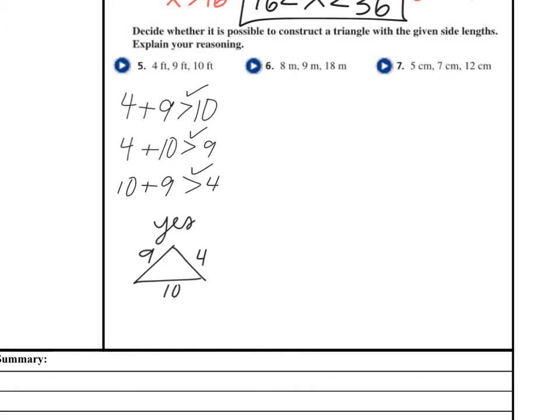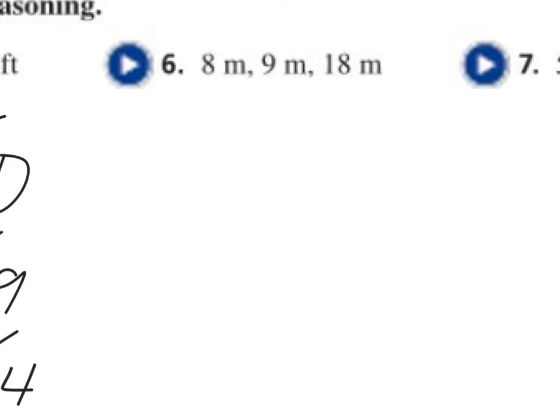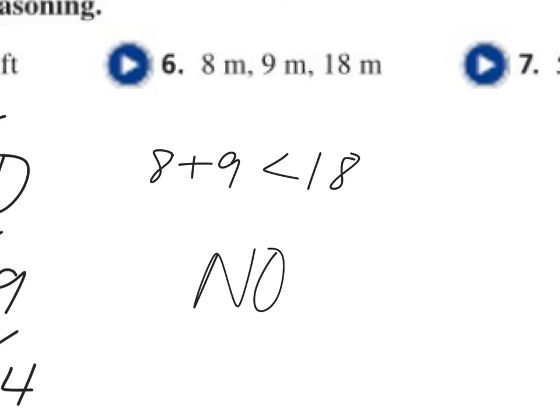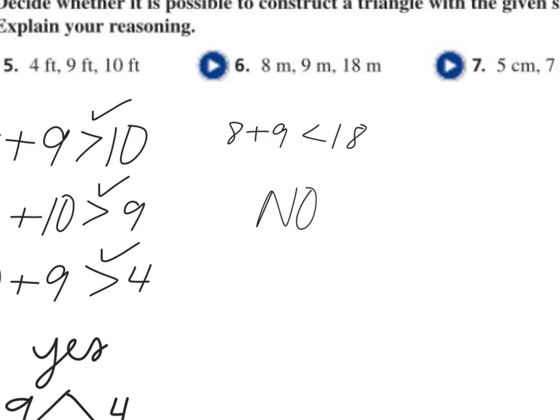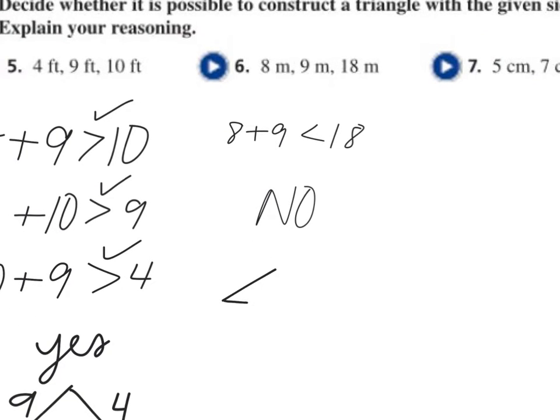Alex, the second to number 6, does that one work? No. Why not? Because this 8 is not 18, it's 17. Right. And it's not greater than 18. It's less than, because it's 17, so this is no. This would look like the one I showed you in the beginning, where the sides are too short to even connect.